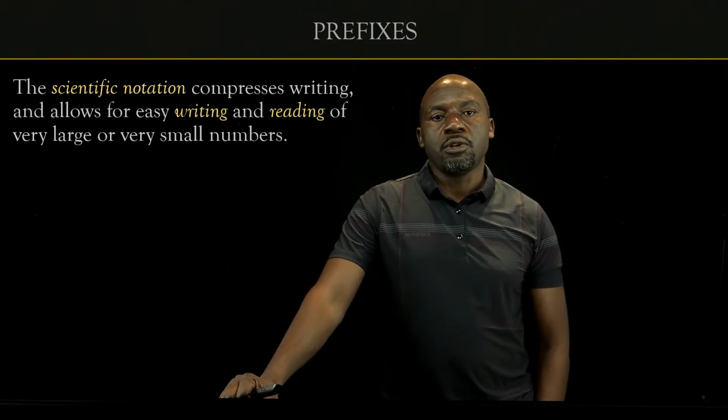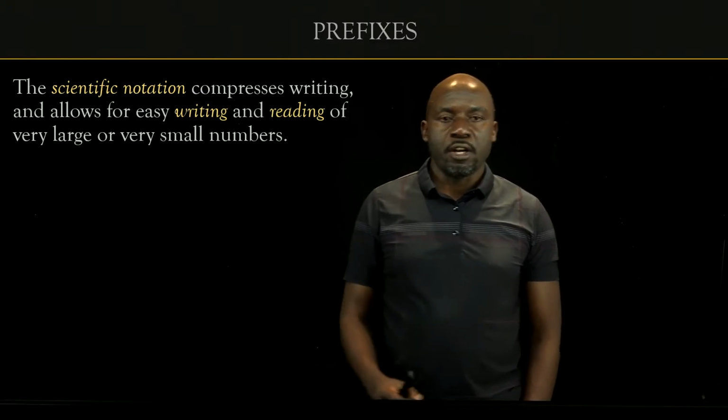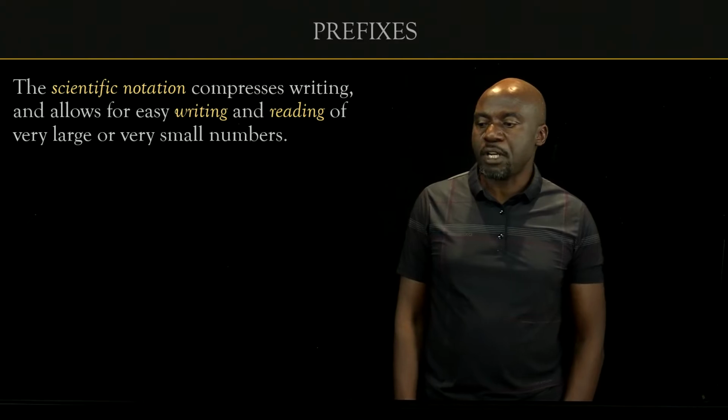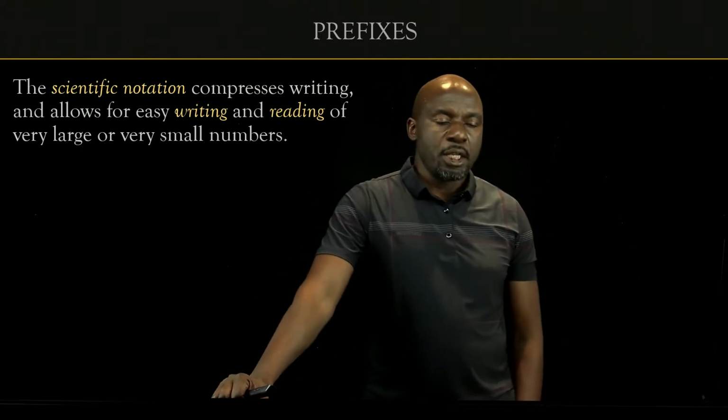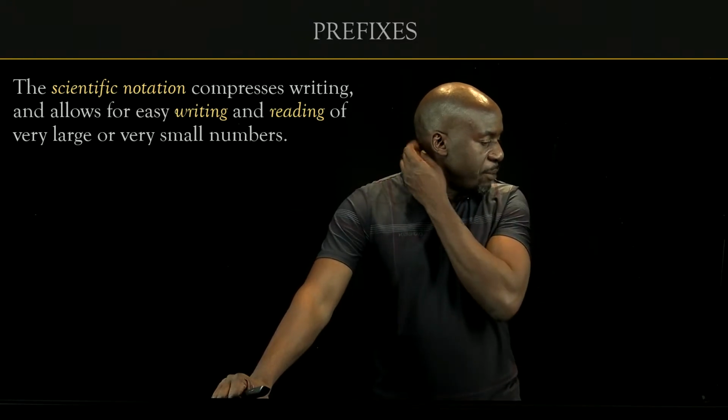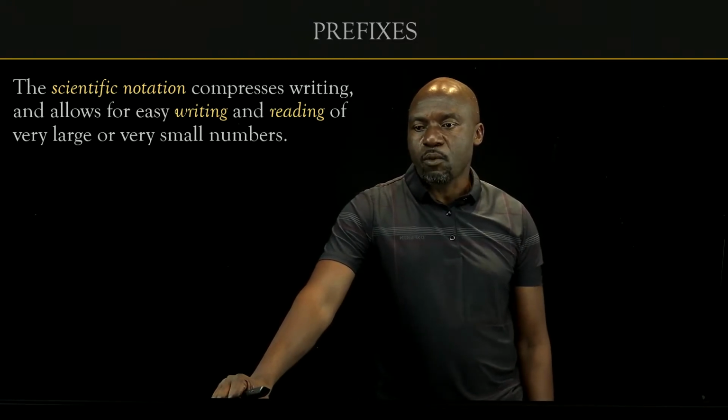Okay, so you need to know how to express numbers in orders of magnitude or how to estimate values in orders of magnitude. A very typical question is usually the mass of an electron, which is 9.11 times 10 power negative 31.